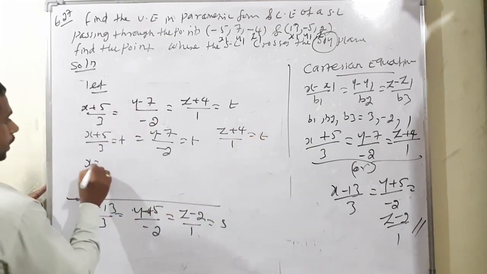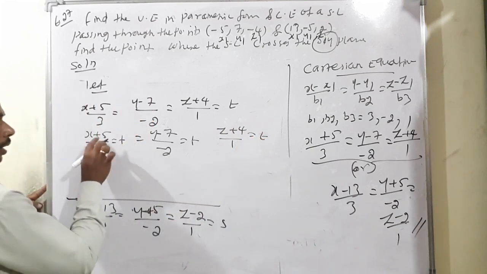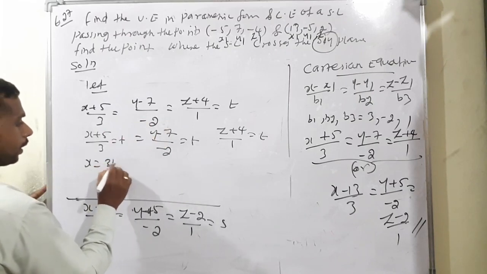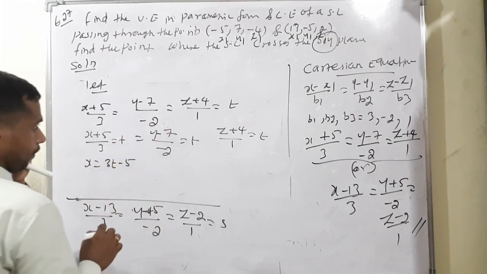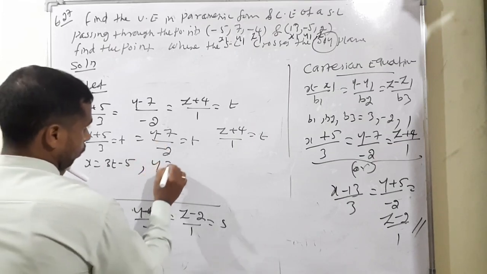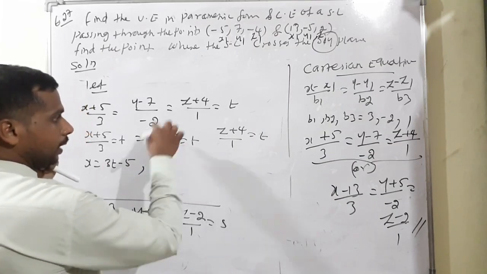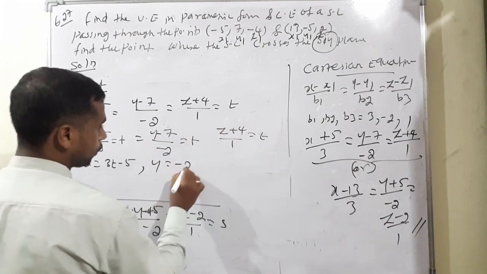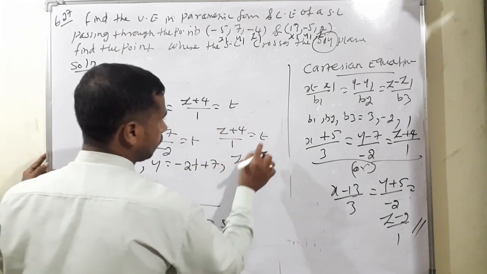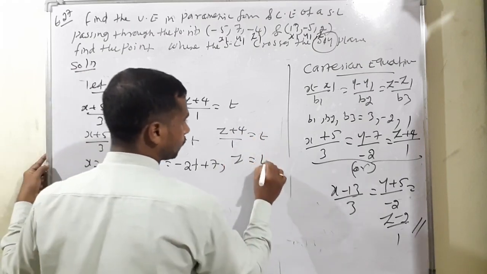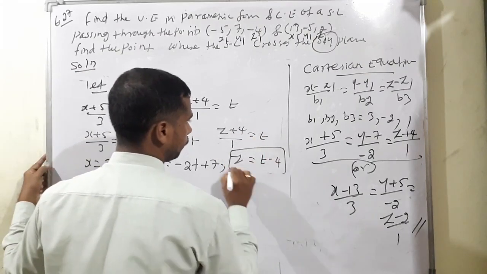So x is equal to 3t, plus 5 brought to the opposite side means minus 5. Therefore x is equal to 3t minus 5. Then y is equal to minus 2t, and minus 7 brought to the opposite side means positive 7, so minus 2t plus 7. Last, z is equal to t, and plus 4 brought to the opposite side means t minus 4.